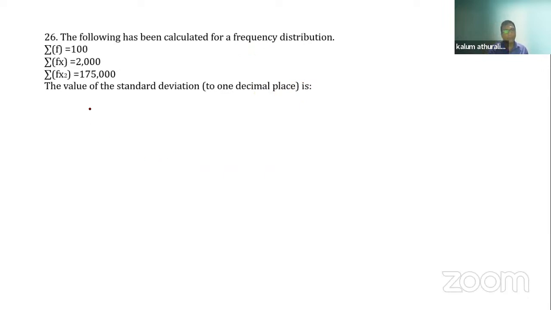Right. The formula for the value of standard deviation is the square root of sigma fx squared divided by sigma f, minus sigma fx divided by sigma f, squared.